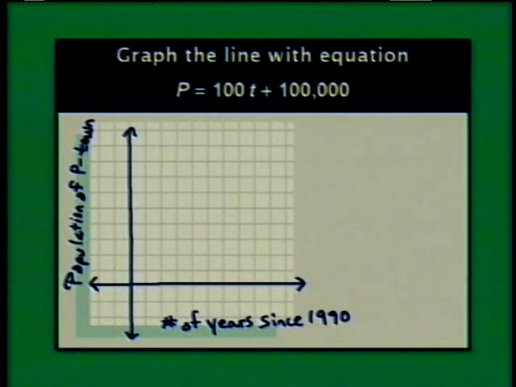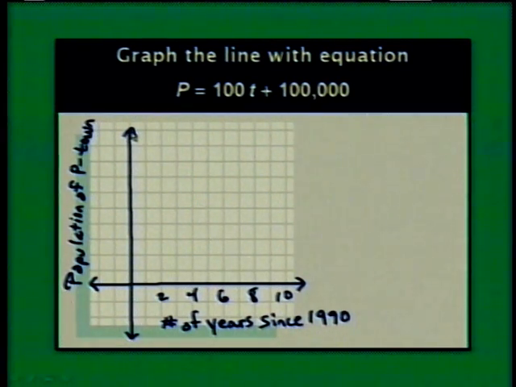Do I have enough tick marks to use a scale of 1 in the horizontal direction? 1, 2, 3, 4, 5, 6, 7, 8, 9, 10. Yes, I do. I'll be able to get up to the year 2000. So here's 2, 4, 6, 8, 10. Do I have enough tick marks using a scale of 10,000 to get to 100,000 in the vertical direction? 1, 2, 3, 4, 5, 6, 7, 8, 9, 10.